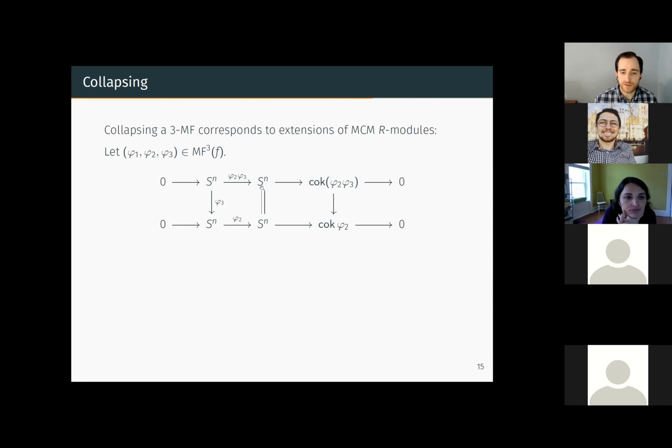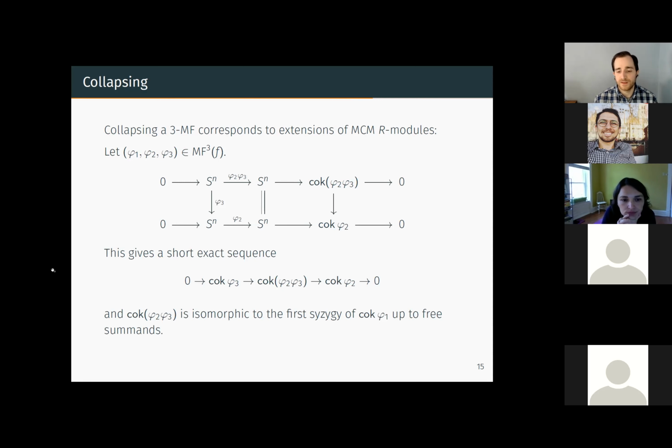And because you have an identity in the middle, the snake lemma gives you an extension of MCM R modules. All three of these are Maximal Cohen-Macaulay R modules, and they fit nicely into this short exact sequence.